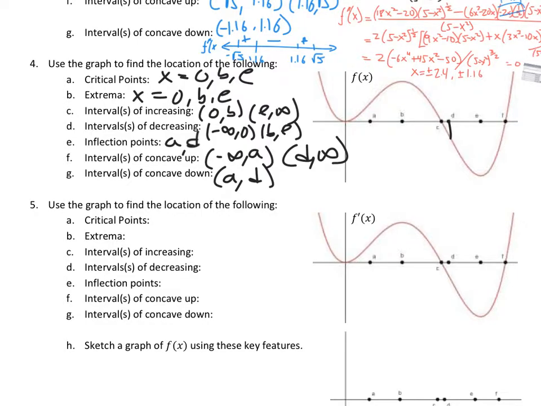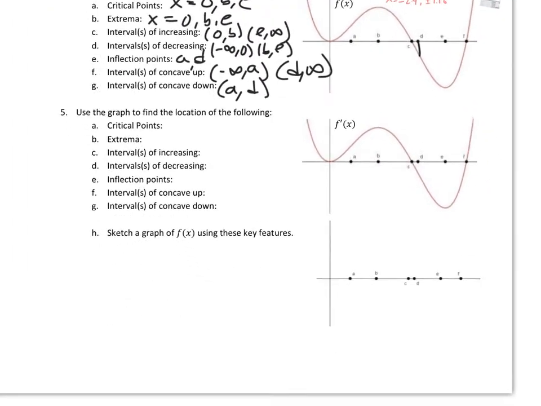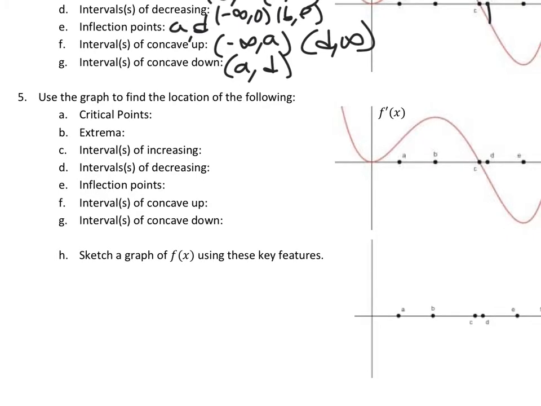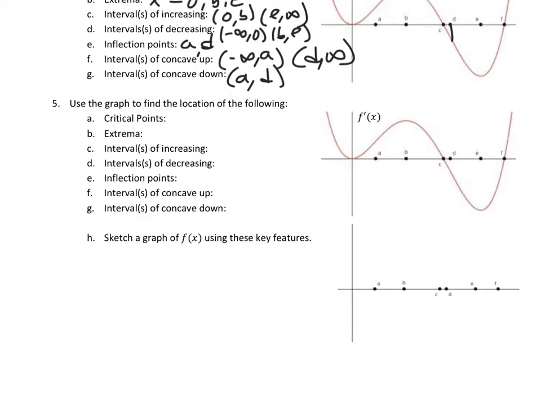All right, so now we have the first derivative, okay? So first derivative, we got to be careful here and think carefully about these. When we have critical points, well, that happens where the first derivative, f prime of x, is 0, all right?